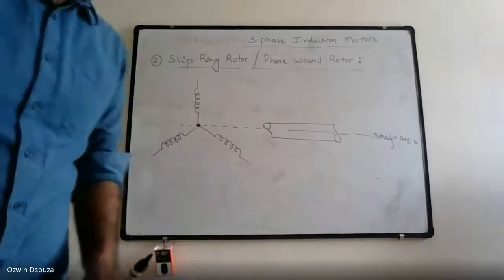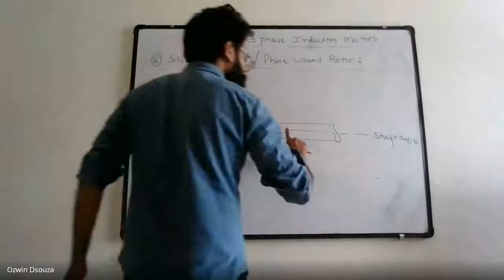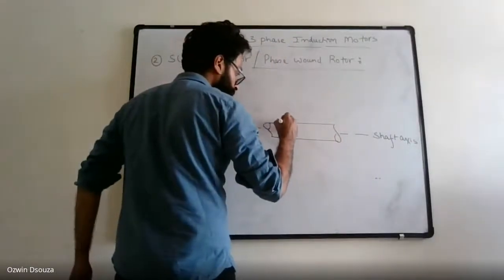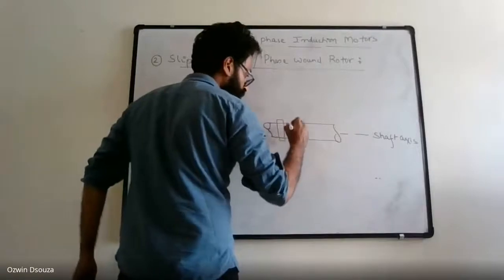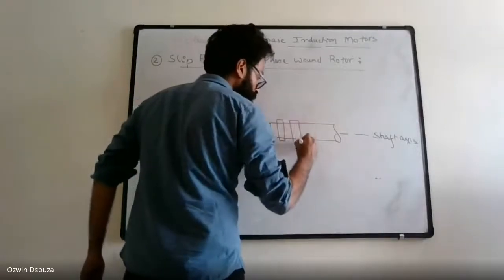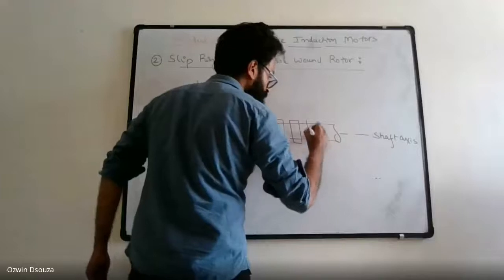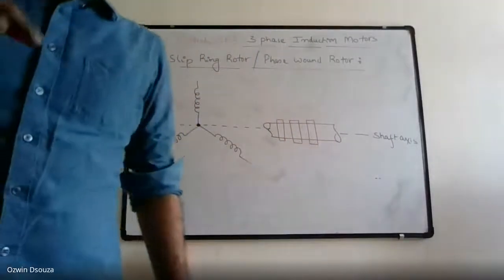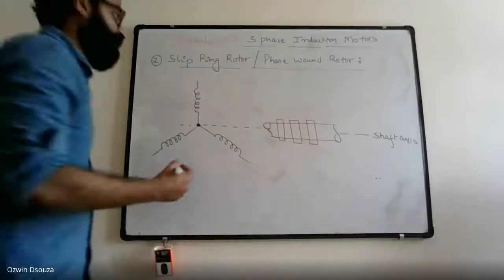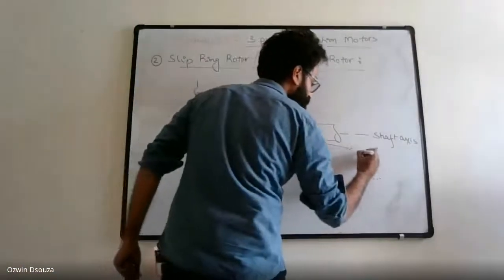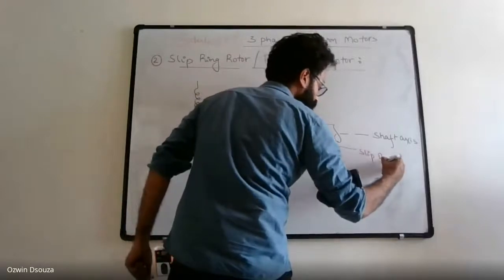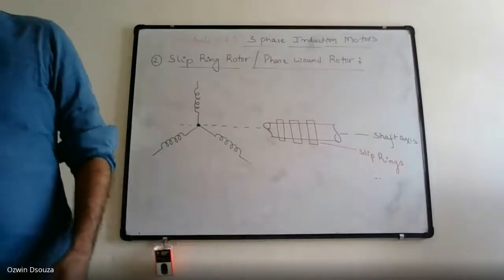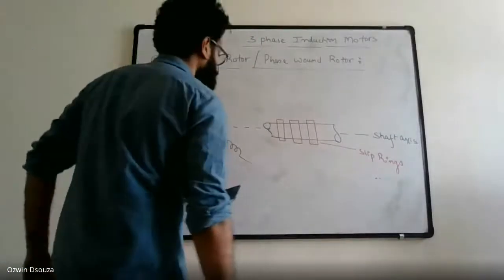Now, this shaft will have three slip rings: the first slip ring, the second slip ring, and the third slip ring. Slip rings are nothing but circular shaped copper conductors. Why three slip rings? Because there are three windings: R winding, Y winding, and B winding.